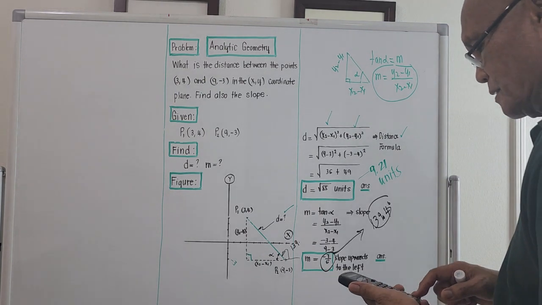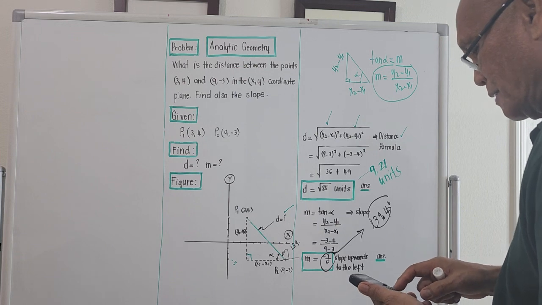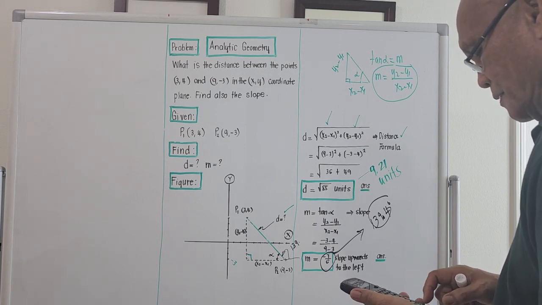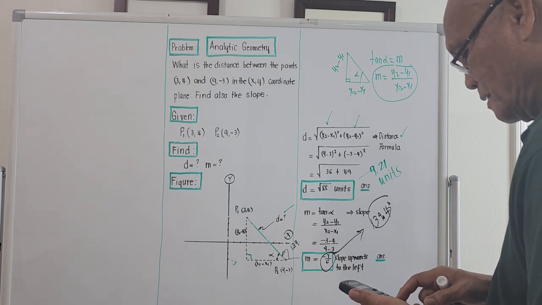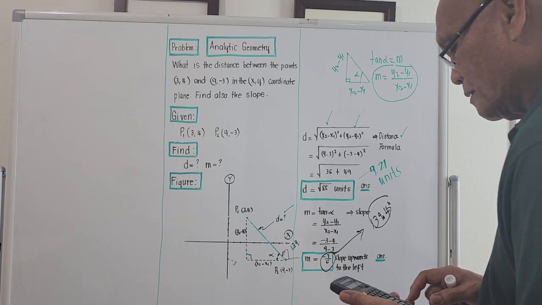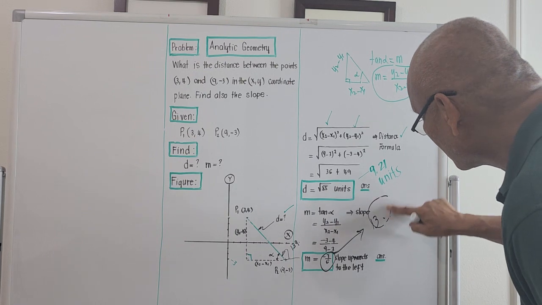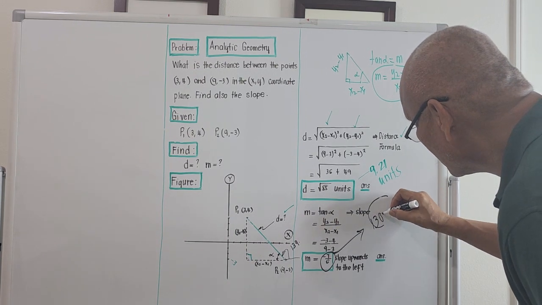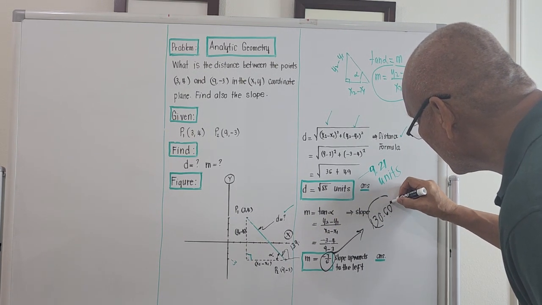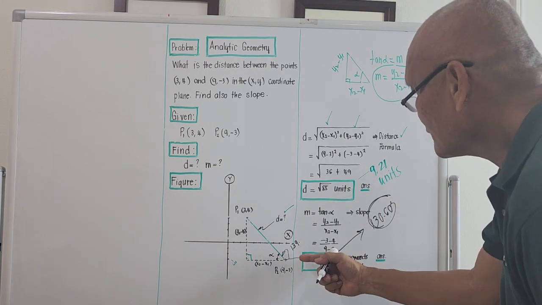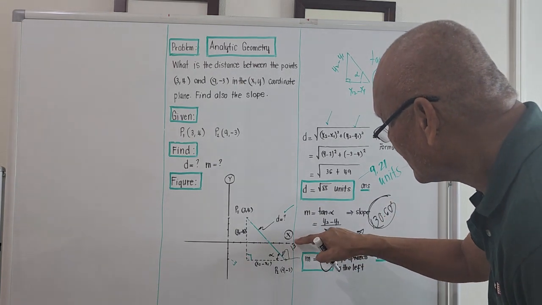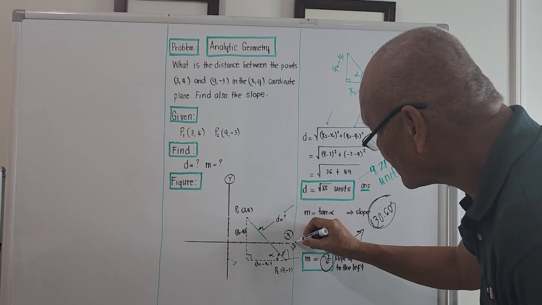7 divided by 6 equals, second function tangent, plus 180. Oh, 130.60. It should be 130.60 degrees. Okay. This is 130, almost 131 degrees.